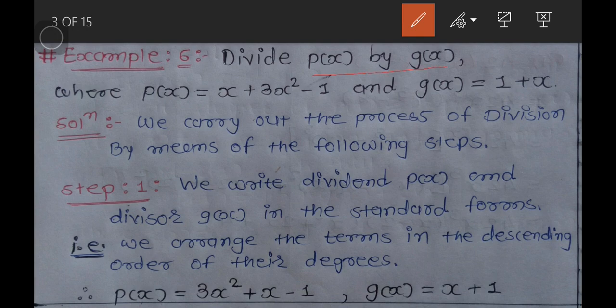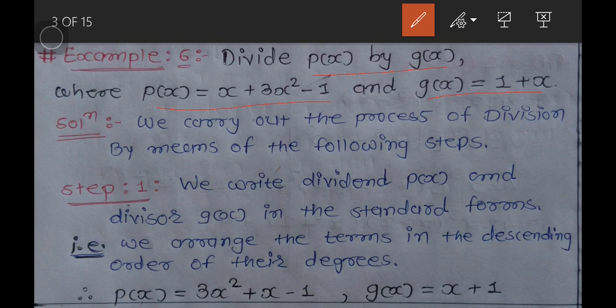Here p of x is our dividend, and g of x is our divisor, and p of x and g of x are polynomials. So here p of x is x plus 3x square minus 1, and our g of x is 1 plus x. Now we divide p of x by g of x.